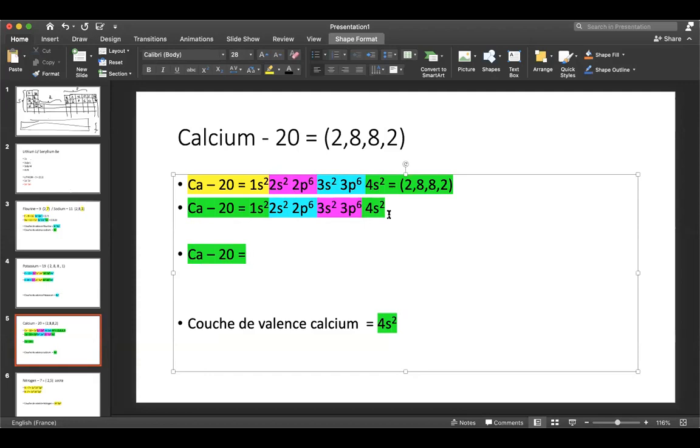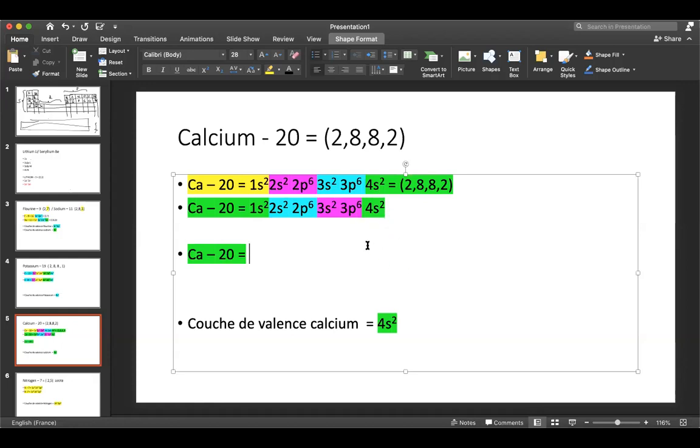So what is 2 plus 2? 4. 4 plus 6, 10. 10 plus 2, 12. 12 plus 6 is 18. 18 plus 2 is 20.